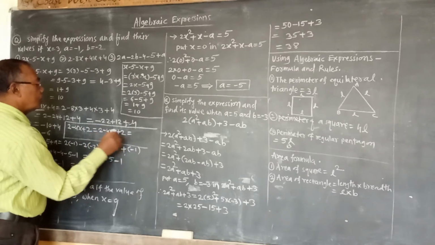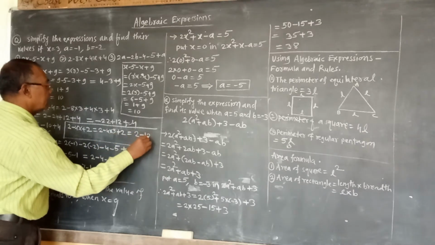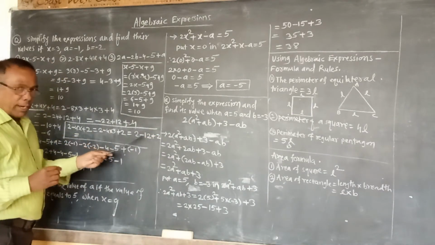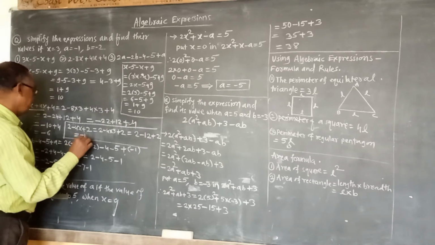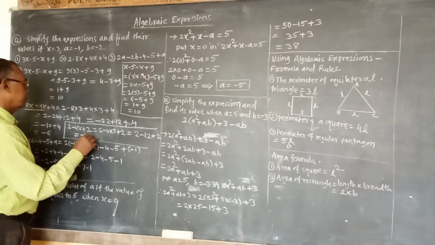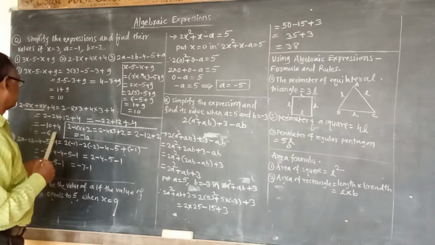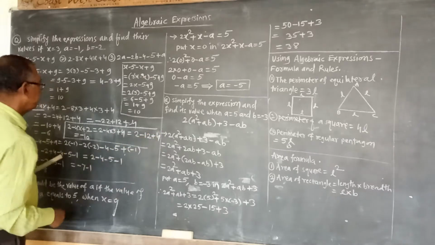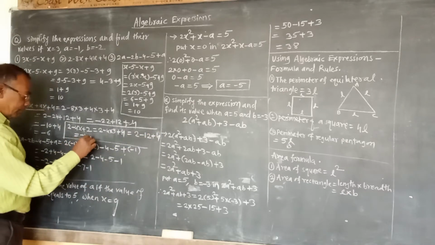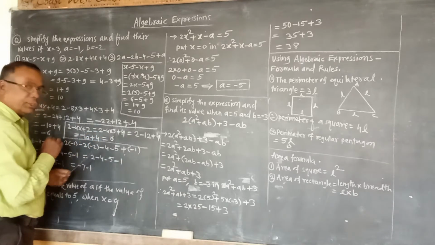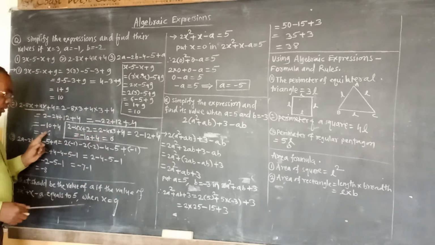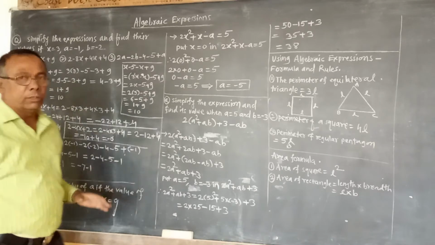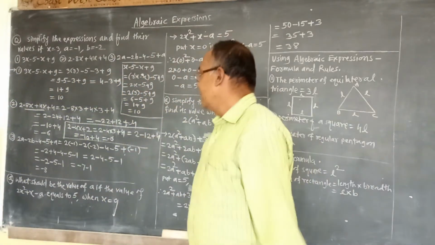That is equal to 2 minus 4 3s are 12, plus 4, and that is equal to 2 minus 12, which is minus 10. Here plus 4 is there, so minus 10 plus 4 is equal to 6. So in this way again we got the same value of the given expression. By both methods we are getting the same value.